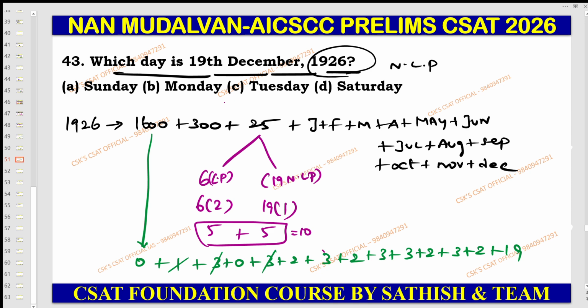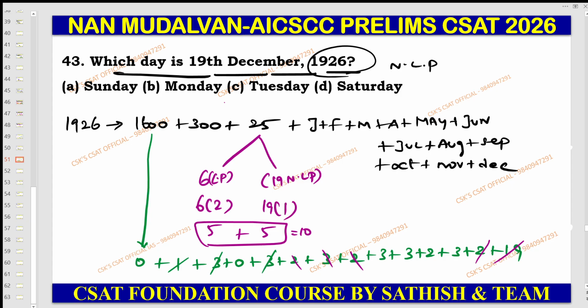Now you focus here. 5, 7, 0. Getting the logic, how to do this. Now 21, 0. Understood?